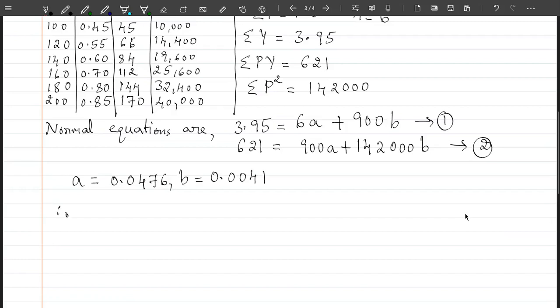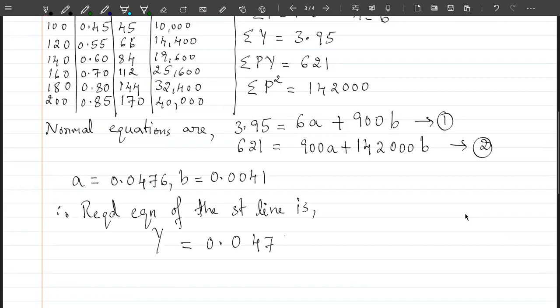Therefore, the required equation of the straight line is capital Y equal to A plus BP, that is 0.0476 plus B here is 0.0041 into capital P.